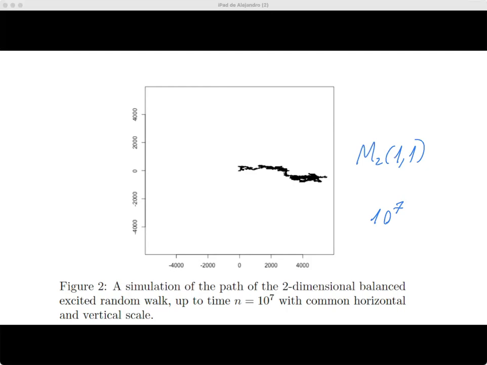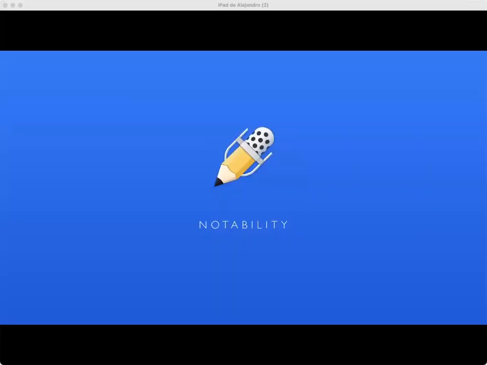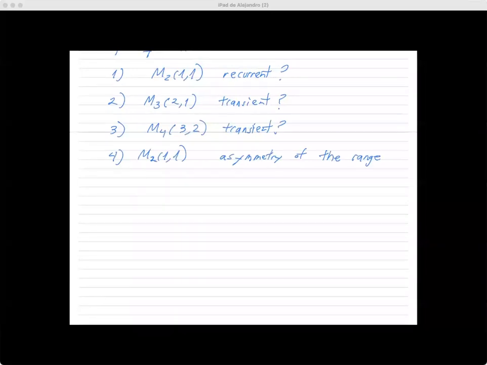The black region is the range of the random walk, and you can see that it tends to be much more extended horizontally than vertically. So actually, that's the question that I am formulating here when I say the asymmetry of the range.